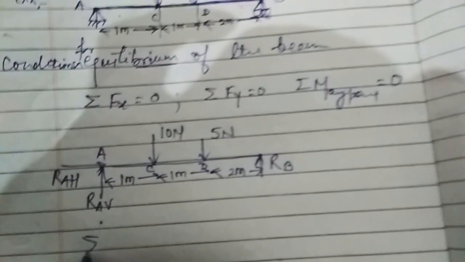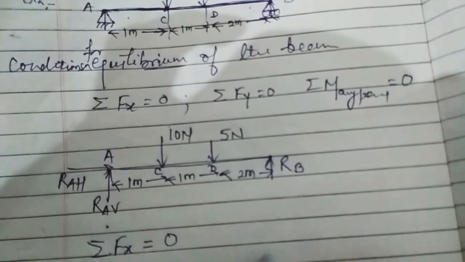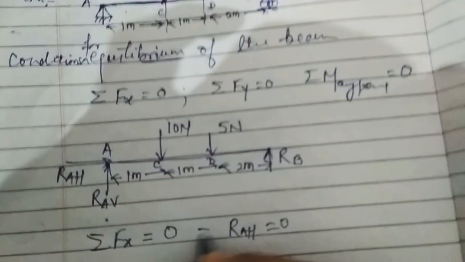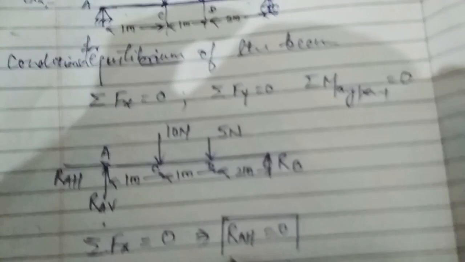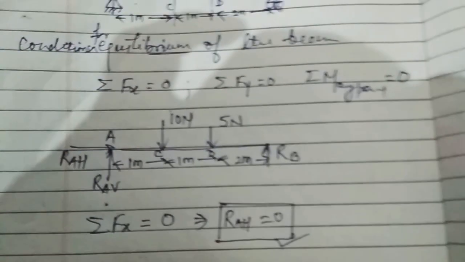Now first apply the condition of equilibrium, the summation of Fx equal to 0. So RAH equal to 0. This implies the value of horizontal reaction force at point A is 0.